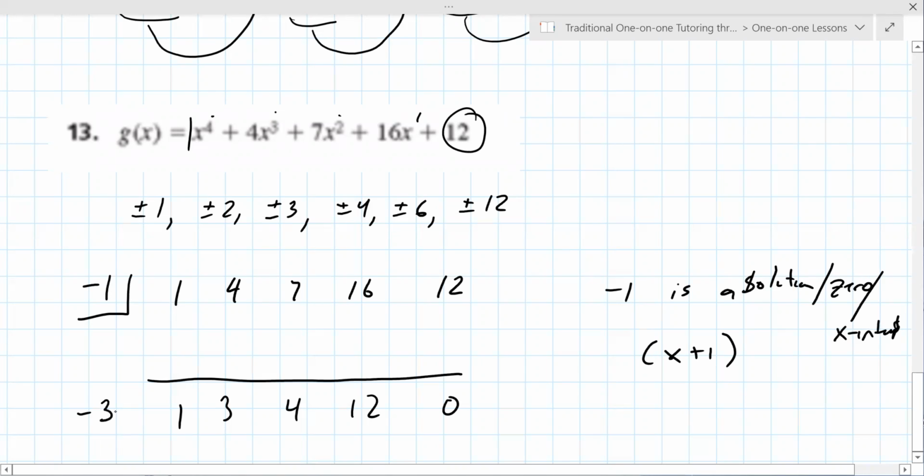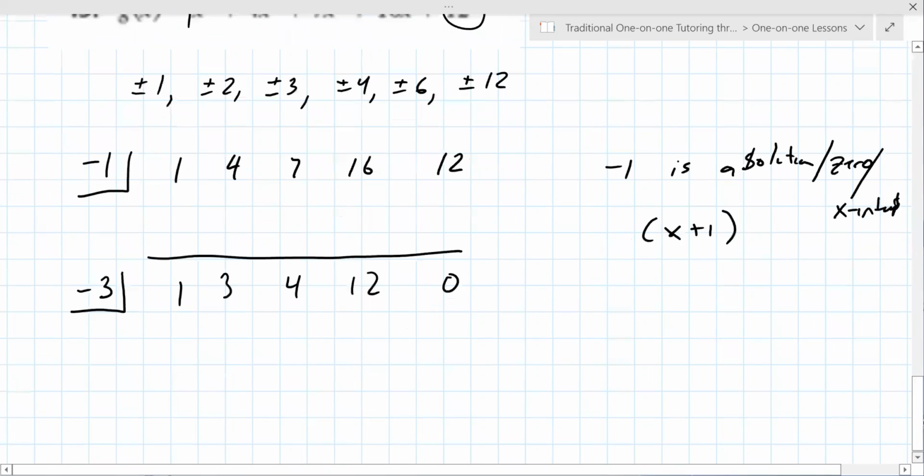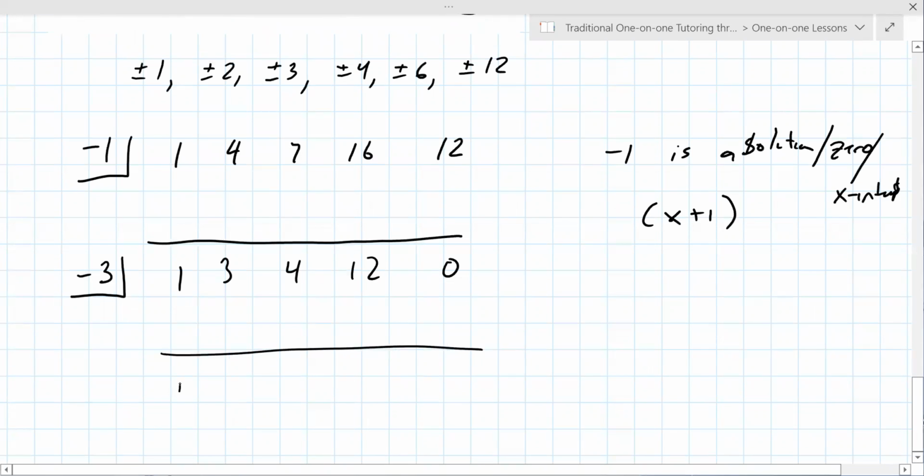All right, so the next one to try here is -3. Okay, I got 1, 0, 4, 0. Now this one's kind of interesting.